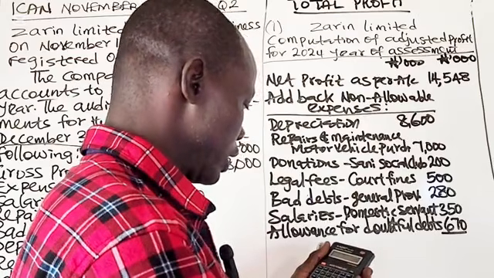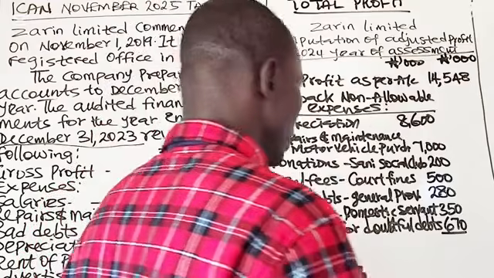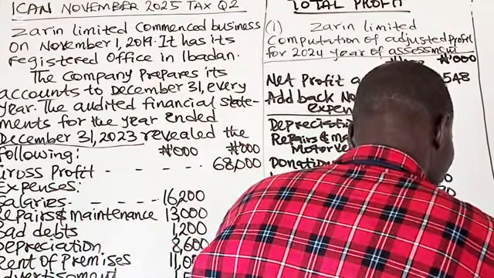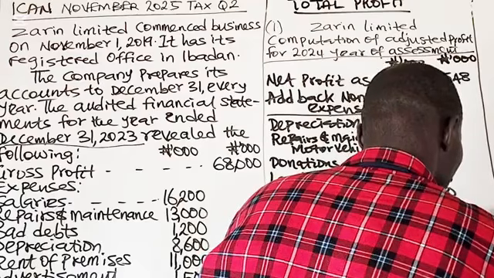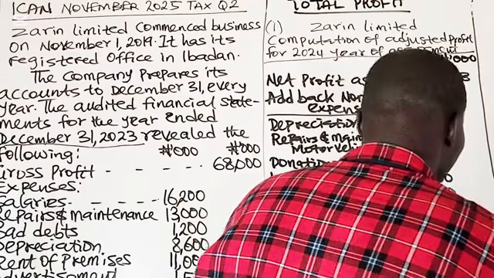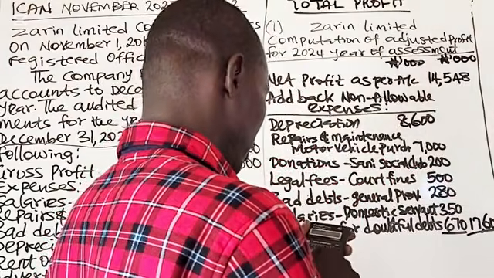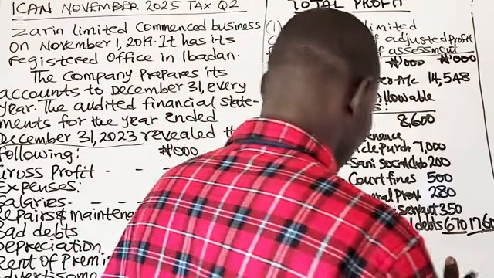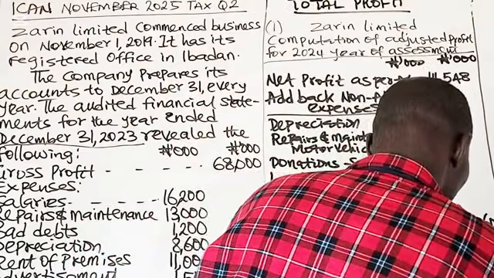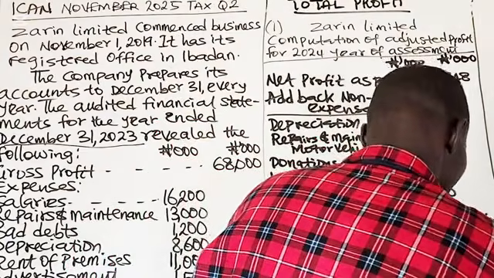That is totaled 17,600. If you add that to 14,548, we have 32,148.